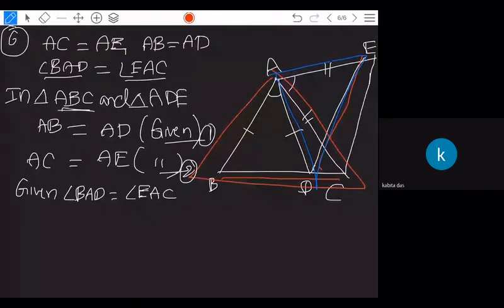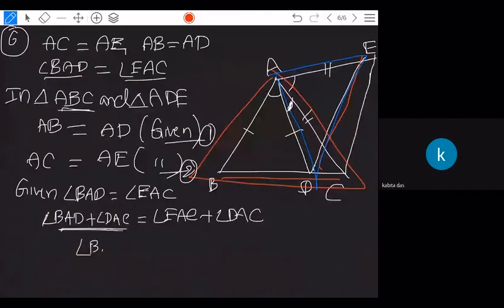So I am adding the extra angle, this part, DAC, to both sides. Here also I will add angle DAC. So what does it become? Angle BAC is equal to EAC plus DAC. What does it become?